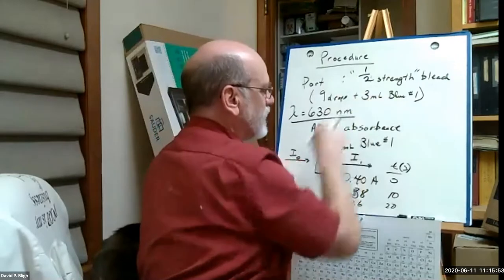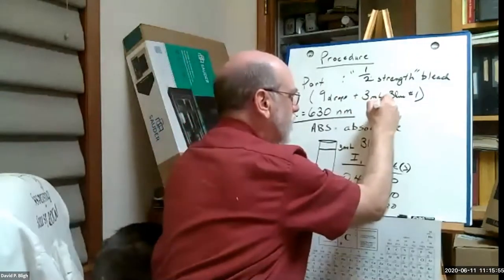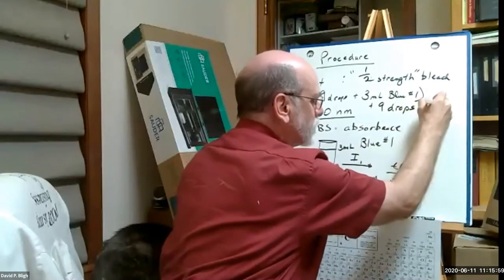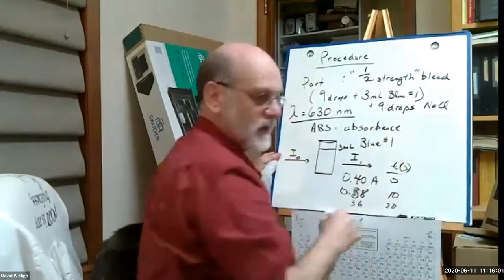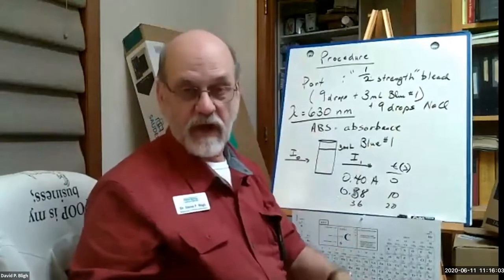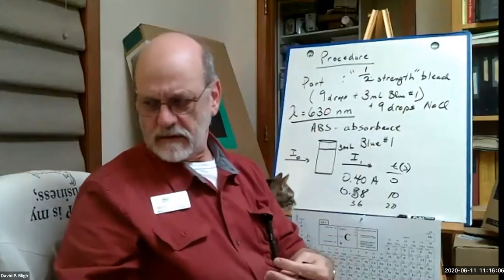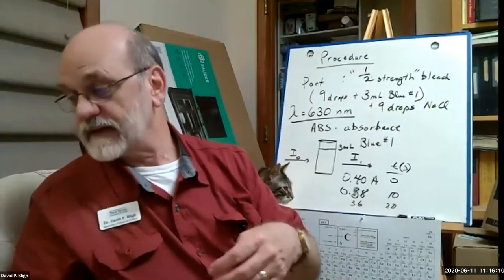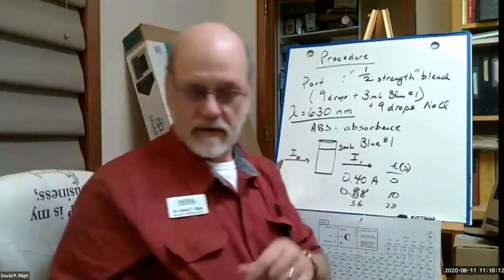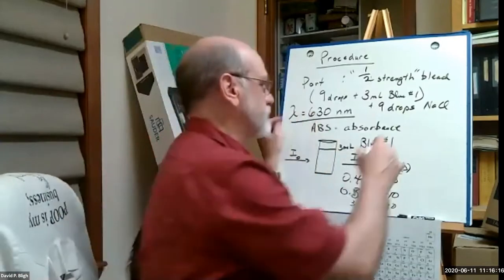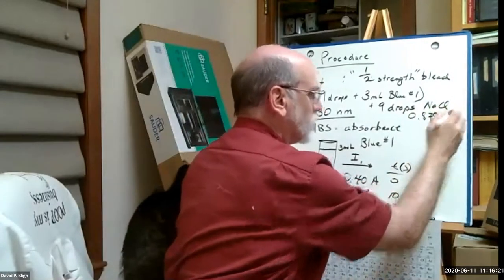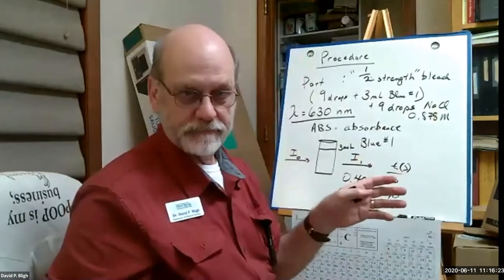And 3 milliliters plus 9 drops of sodium chloride solution, right? And the concentration of that is, well, let's see, I didn't give it to you before, but in fact, I did leave that one out. So add this one to your materials: 0.878 molar sodium chloride.